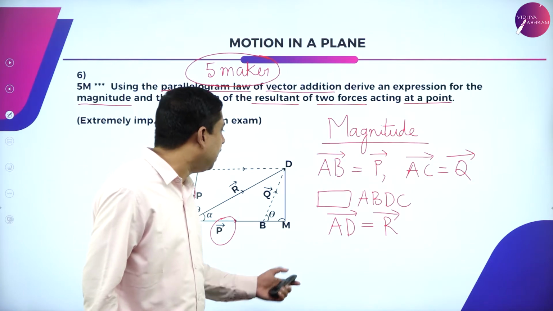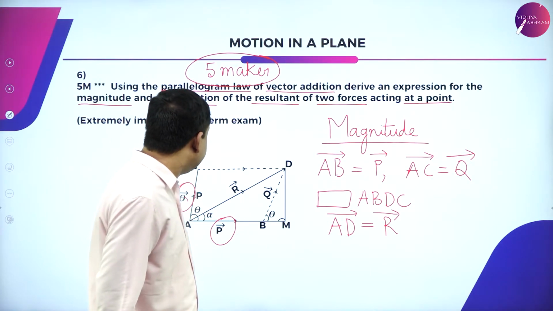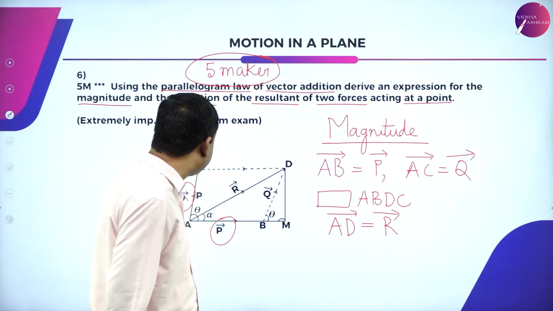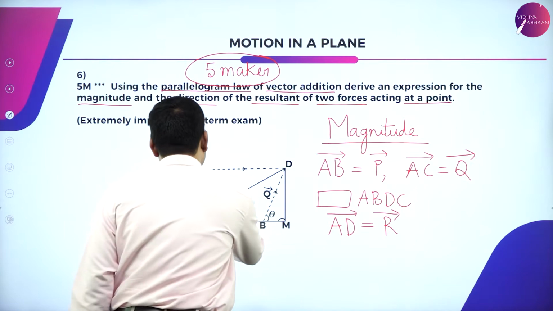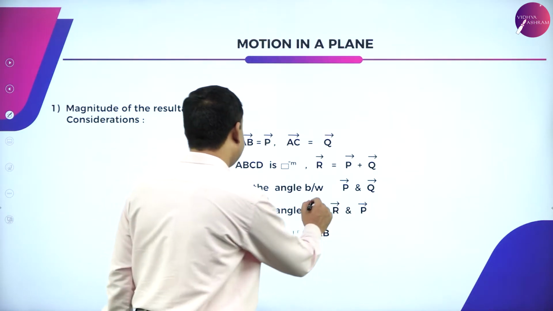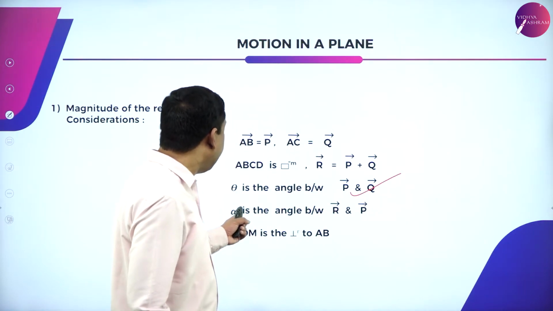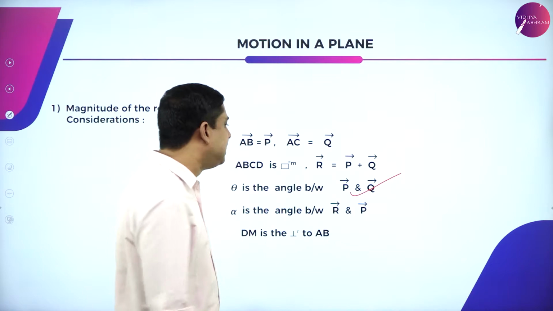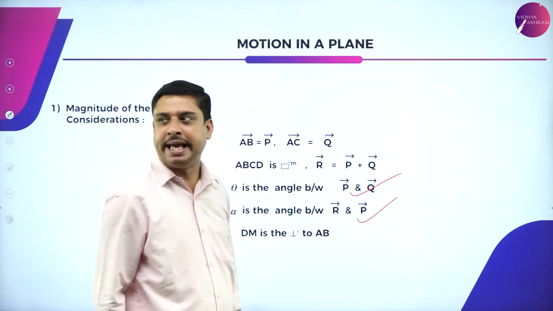And if you observe, theta is the angle between P and Q. So very clearly, theta is the angle between P and Q. Alpha is the angle between R and P.